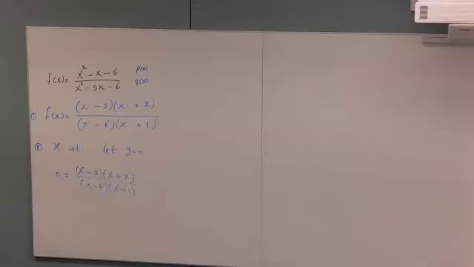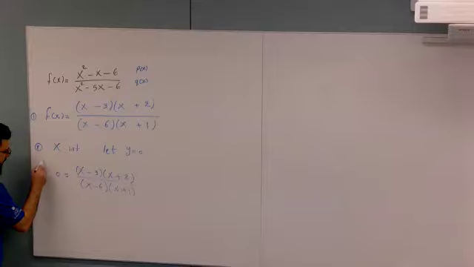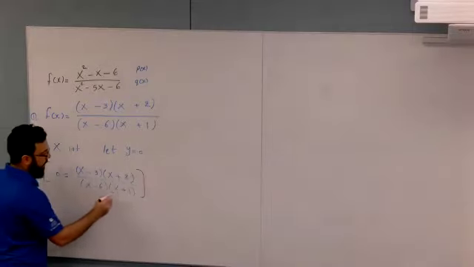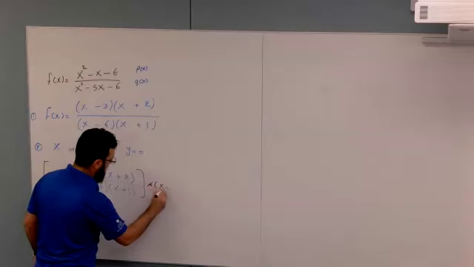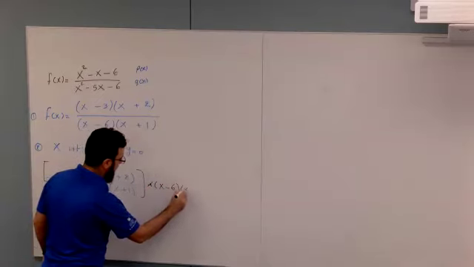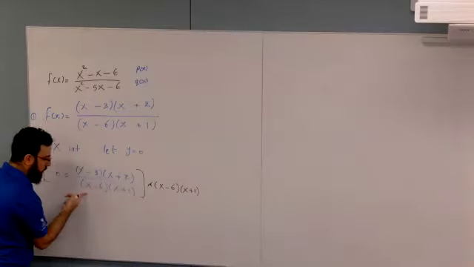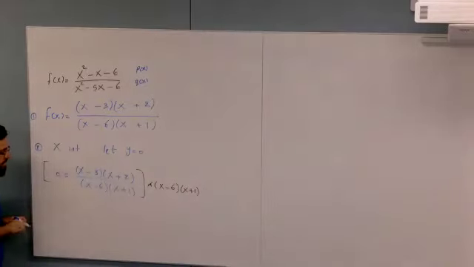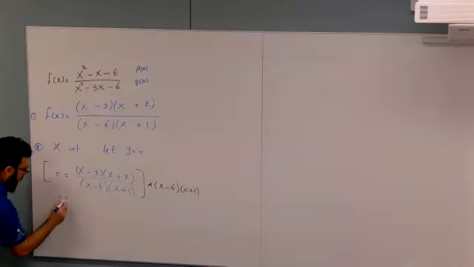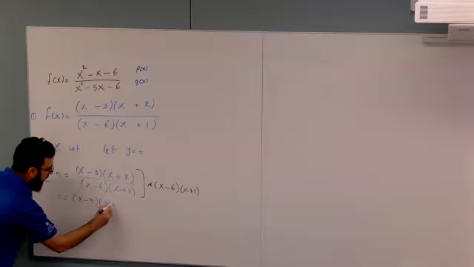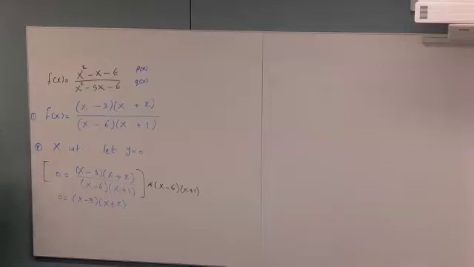We're going to multiply by everything here on the bottom, which is x minus 6 and x plus 1. That means the whole thing here is going to cancel with this part. So what's left? The left is 0 equals x minus 3 and x plus 2.